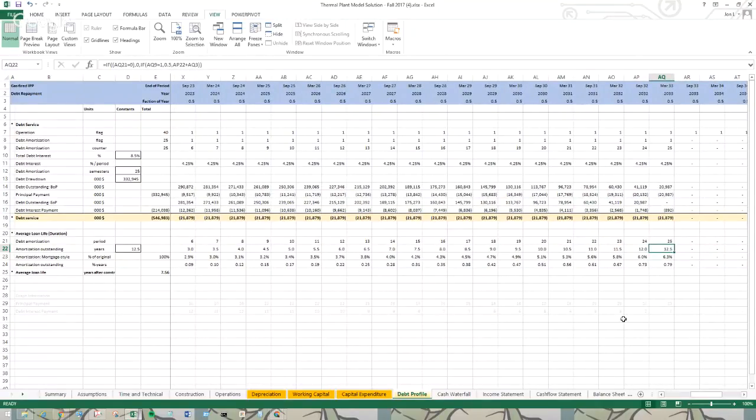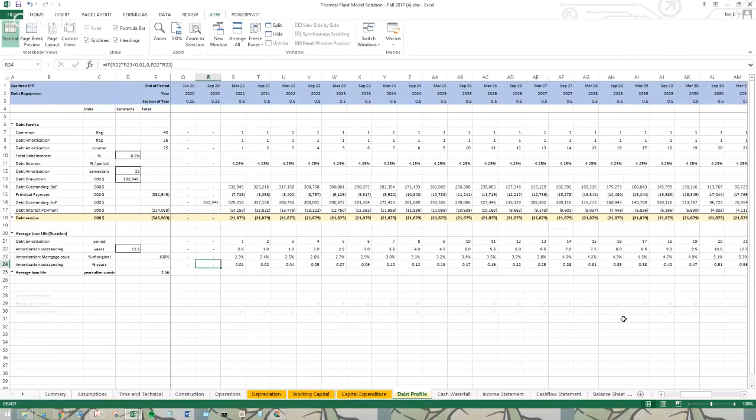You're weighting the later principal payments higher than the earlier ones because those are more risky. So that's why you're taking 12.5 years outstanding times whatever percentage comes out there, and you get this higher number because this is a higher risk, and then you sum it up. It's almost like a net present value, but the inverse. It's like a net present value of debt outstanding. So it's like a net present value of risk, of outstanding risk.